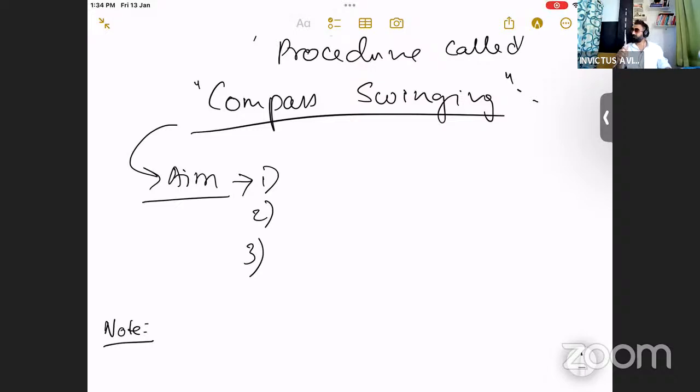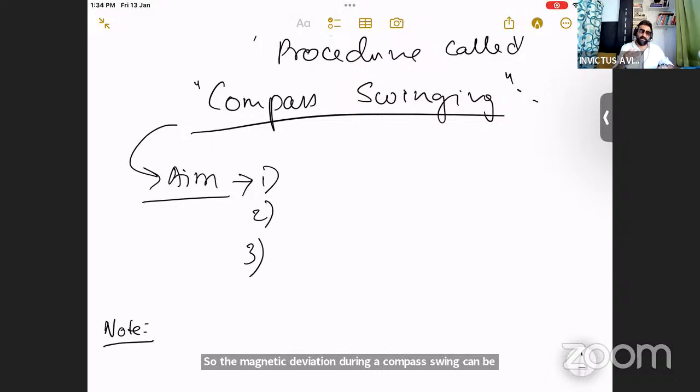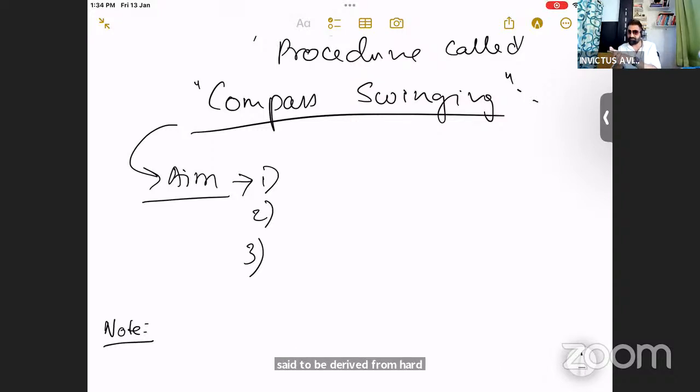So the magnetic deviation during a compass swing can be said to be derived from hard iron and soft iron magnetism. And the total of this hard iron and soft iron magnetism is further resolved into two combined components.